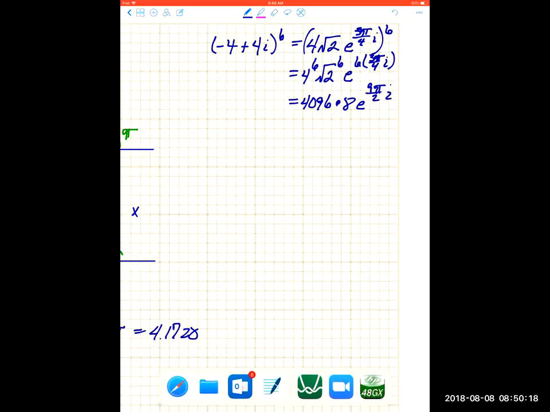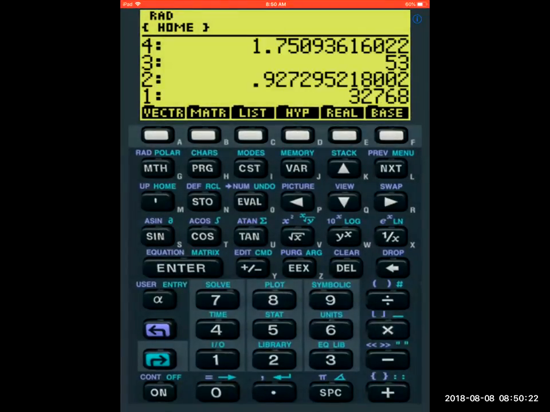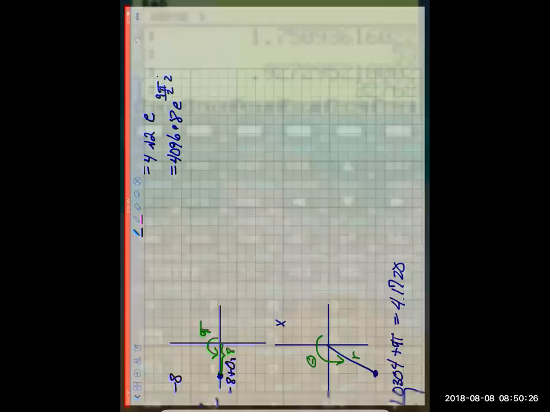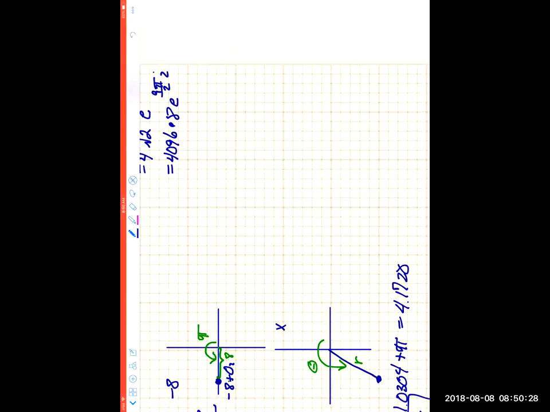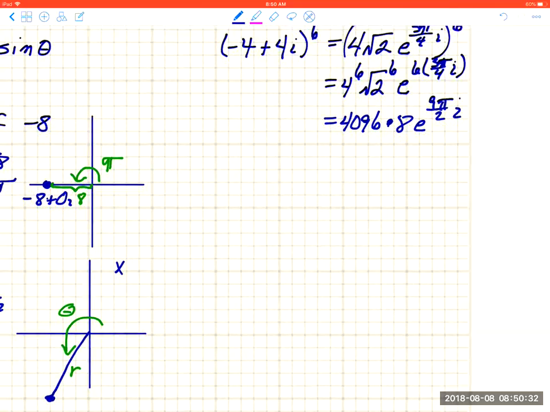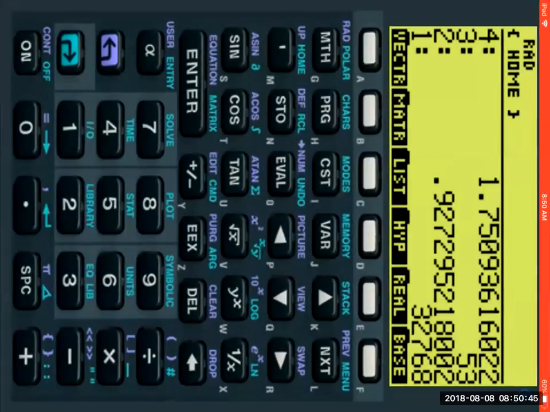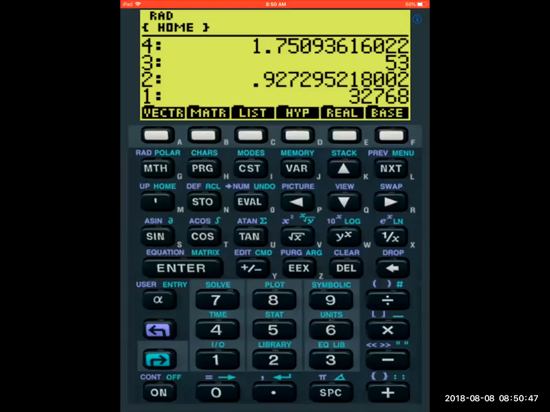That's better. Let's take our 4096 multiplied by 8, and then we get 32,768. Double check that, make sure that I wrote that down correctly. Yes, I did.